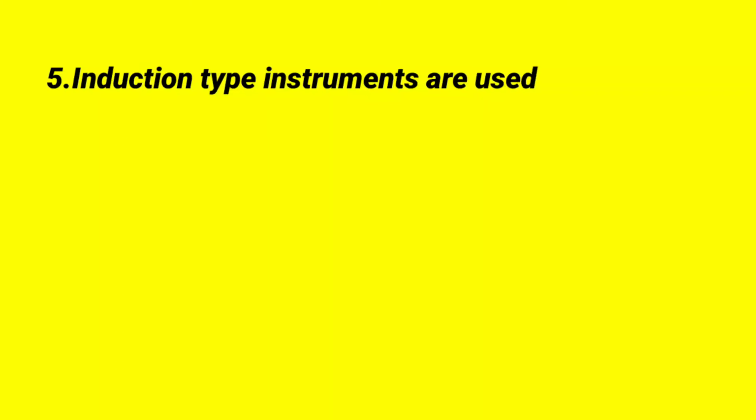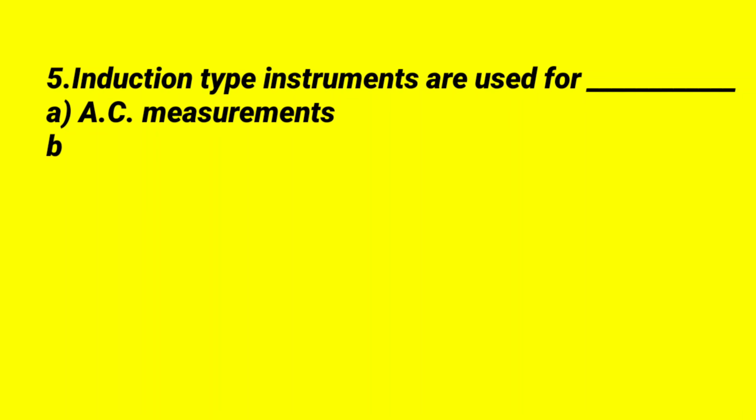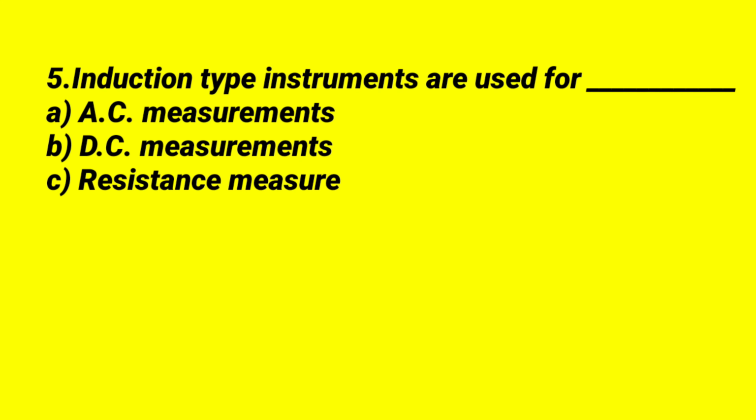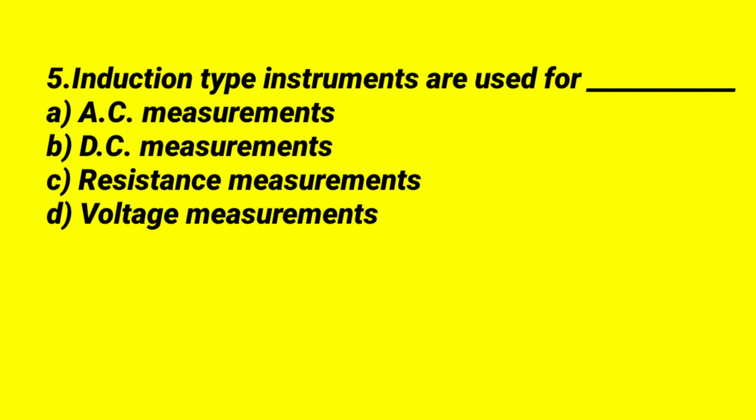Coming to the next one: induction type instruments are used for A AC measurements, B DC measurements, C resistance measurements, D voltage measurements. There are so many types of instruments. Among those, AC measurements are made using induction type instruments.